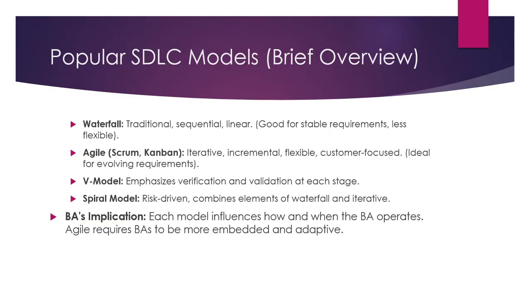So, which are the popular SDLC models, guys? You should know what models are in the market for the SDLC. First one is waterfall. Second one is agile, then the V model, and the spiral model. Waterfall is a traditional, old model.